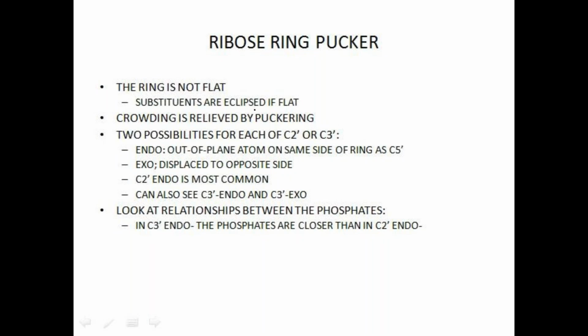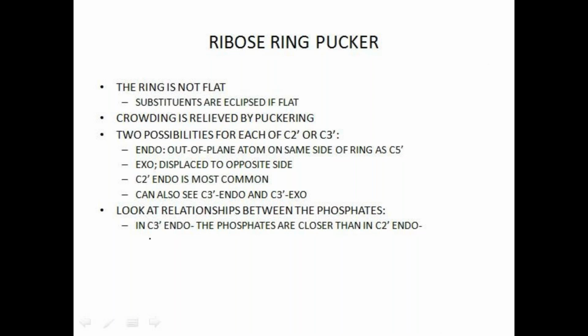Here, the different atoms, that means the carbon atoms present in this ribose sugar, are mainly responsible for maintaining these ribose ring puckering states. Endo is there, exo is there. Mainly C2' endo is most common, and sometimes it may be present in C3' endo and C3' exo conditions.